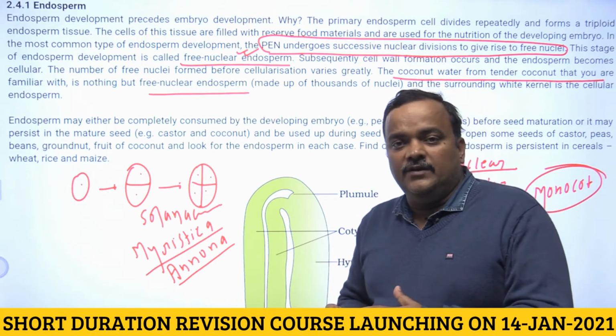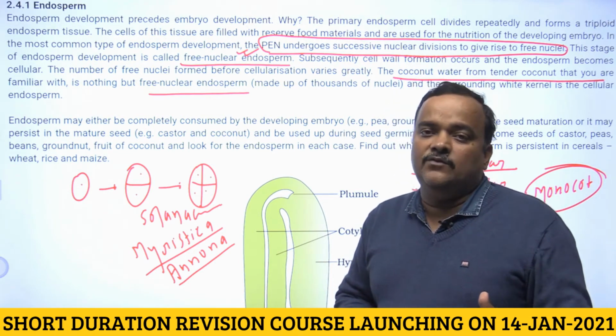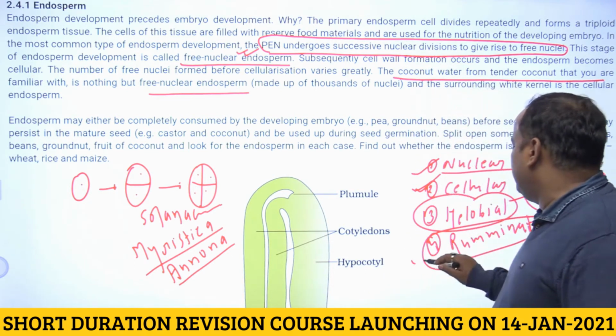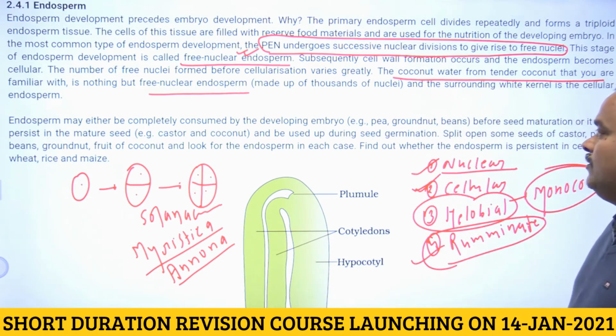Such a type of endosperm is referred to as ruminate endosperm.